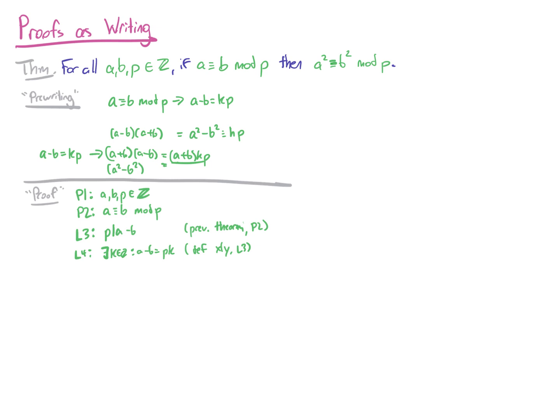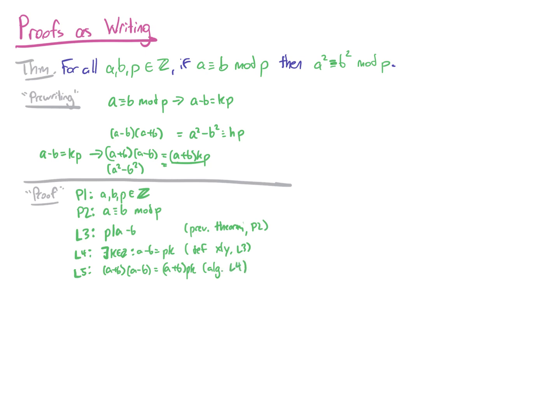Next, what I can do is line 5, let's hit that on both sides with a plus b. So a plus b times a minus b equals a plus b times pk. And that's algebra with L4.